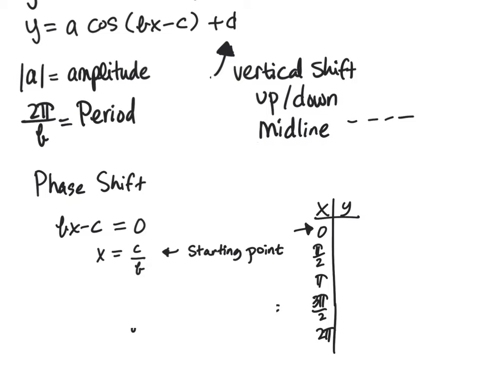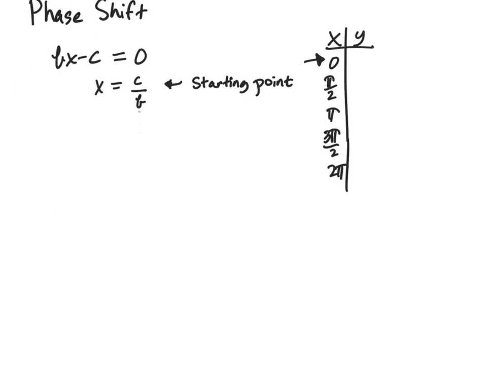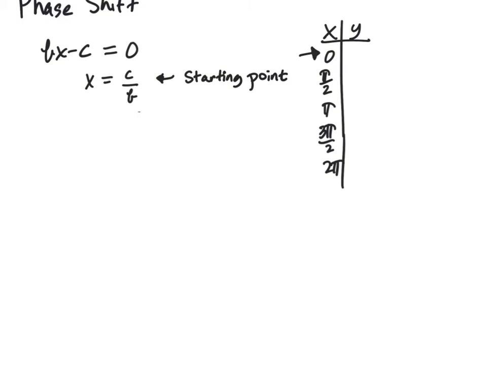So you could do that if it helps you. All right, so I'm going to go through an example for you, and hopefully it'll make sense. Okay, so for an example, let's look at y equals 2 sine 4/3 x.